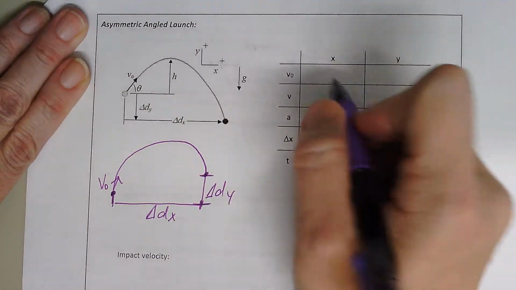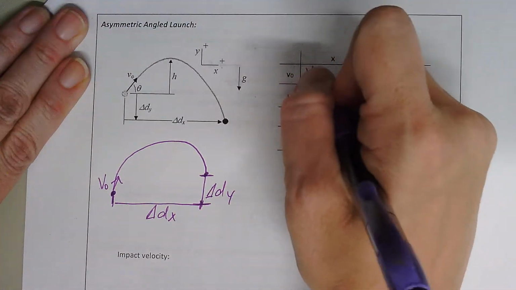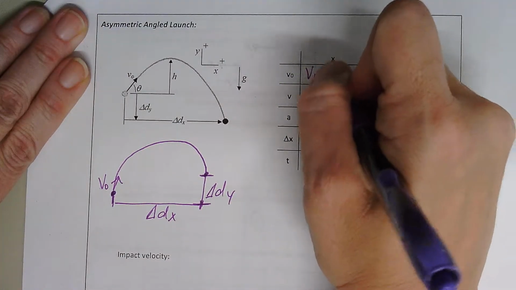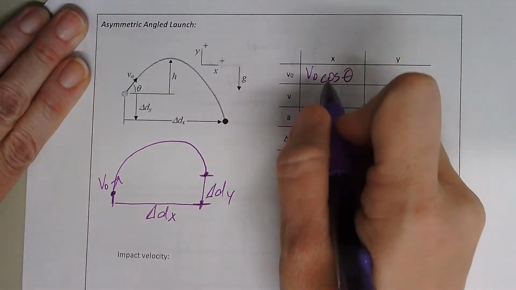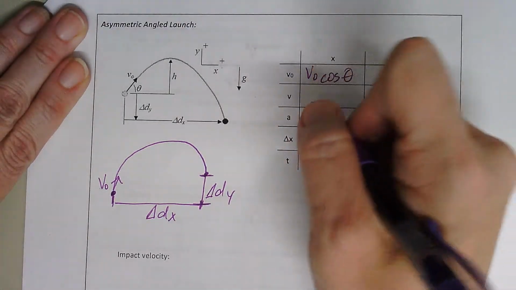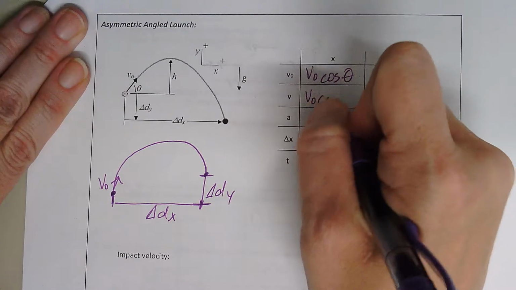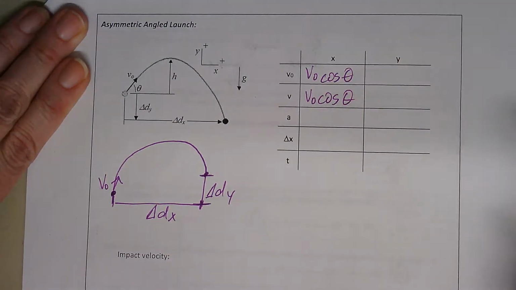So your v naught in the x direction is always v naught cosine theta, and it's the same in the x for up and down because it's going at a constant velocity in the x direction.